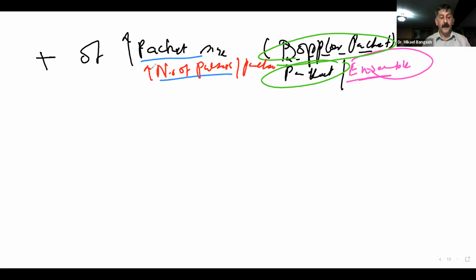So if you make a greater packet, that means we have a greater number of pulses per packet, which will increase your frame time and at the same time reduce the frame rate.